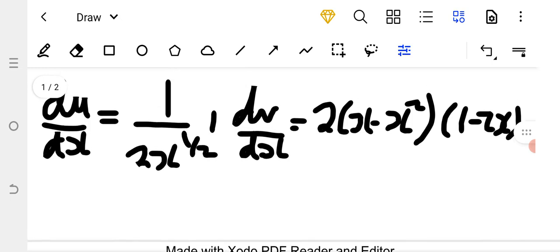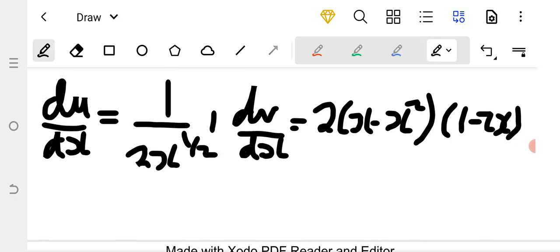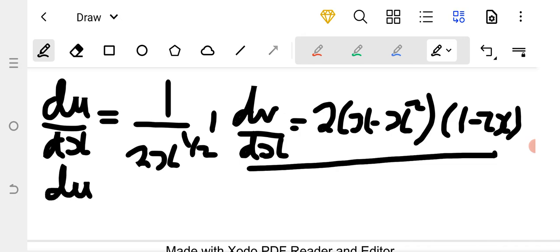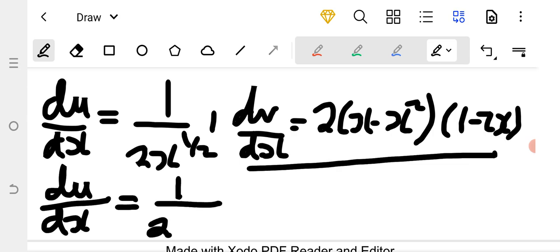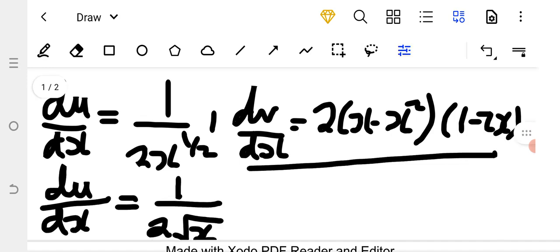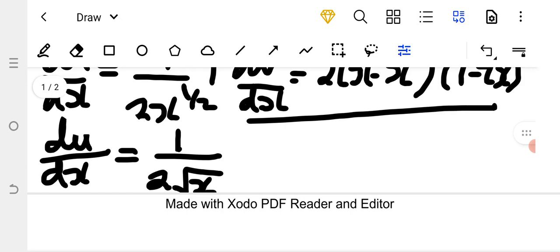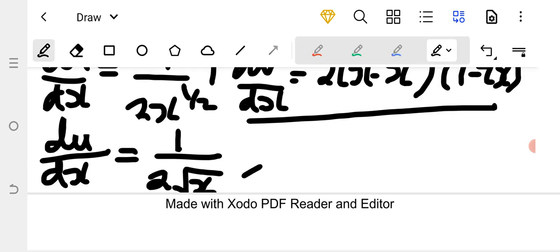Your du dx can still be simplified. So you can say du dx is equal to 1 divided by 2. x to the power half is the same as the square root of x. We already explained that in the beginning of the video. So this is your du dx, like that.